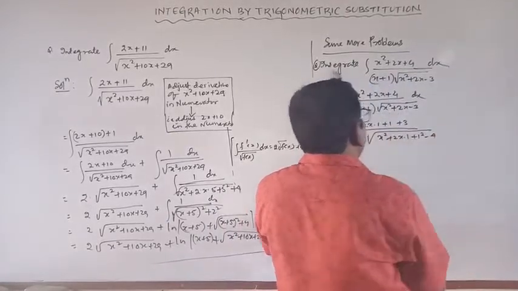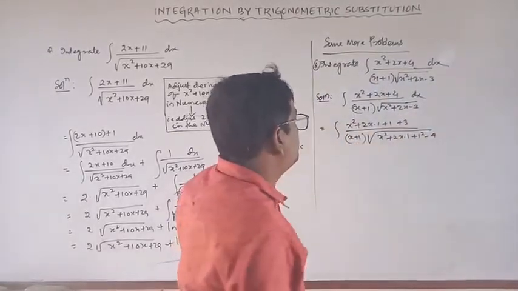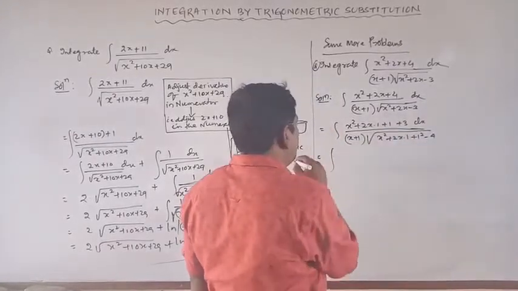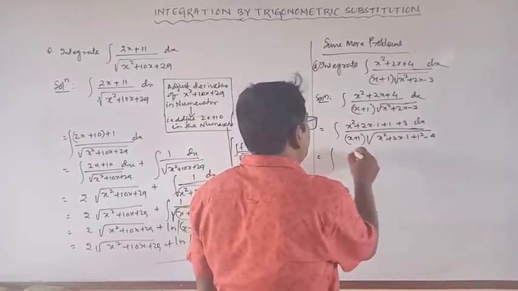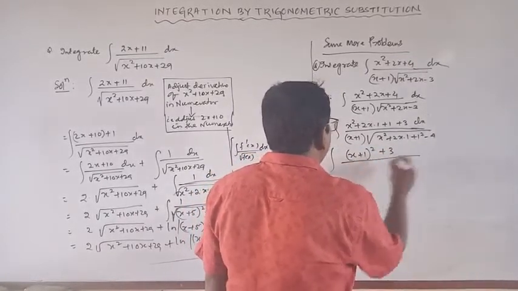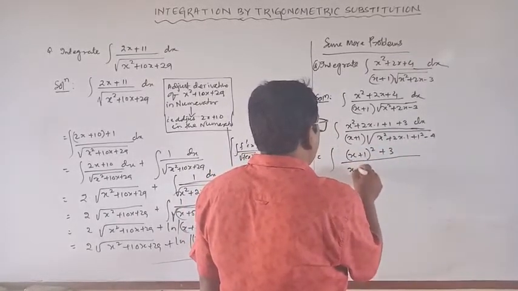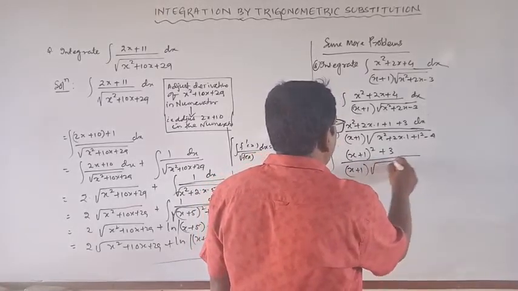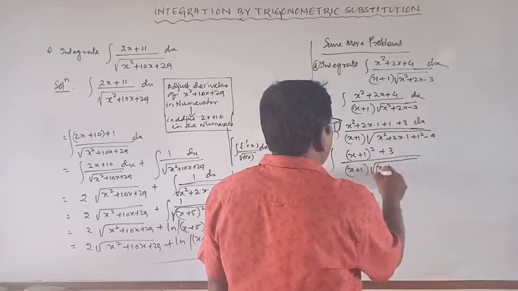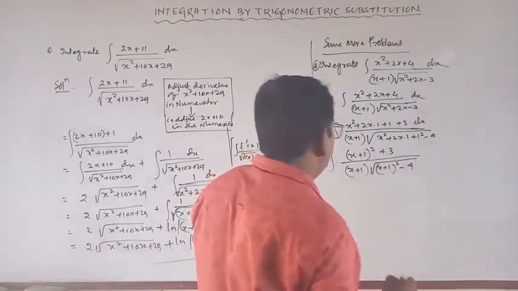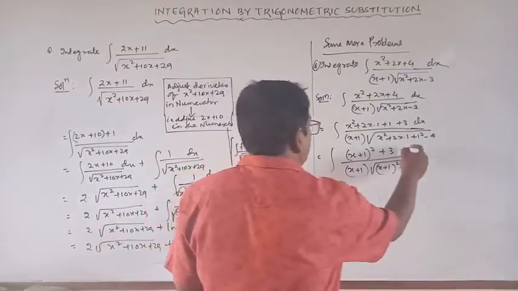Here, minus 3, so into dx. So this is equal to integration of (x plus 1) whole square plus 3 divided by x plus 1. Clear? x plus 1 root over what? (x plus 1) whole square minus 4. Now separate this into dx.